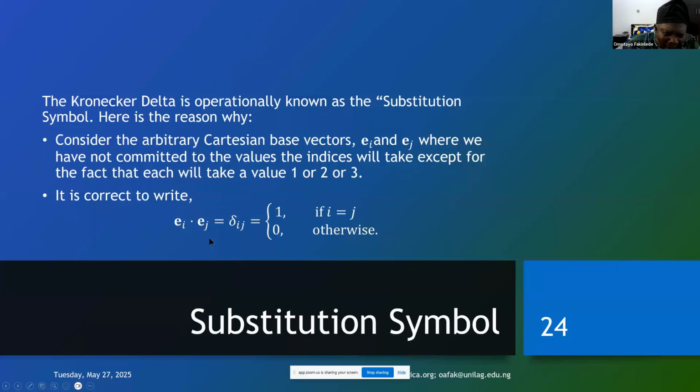So you can see how powerful the canonical delta is. Many things that would have taken many equations are expressed in a very simple compact equation. You have expressed all the relationships that can possibly exist between the base vectors in a single equation like this. That's the power of the Kronecker delta.